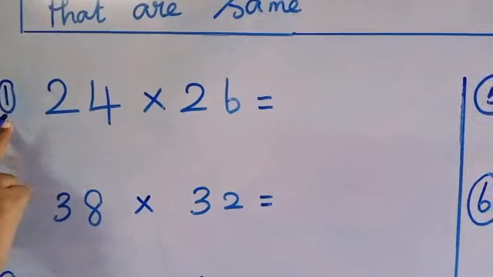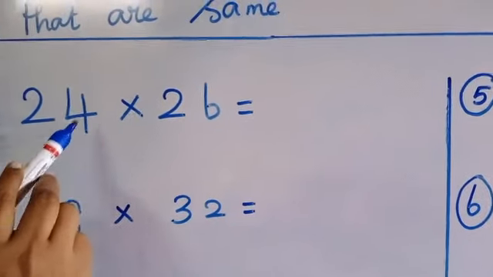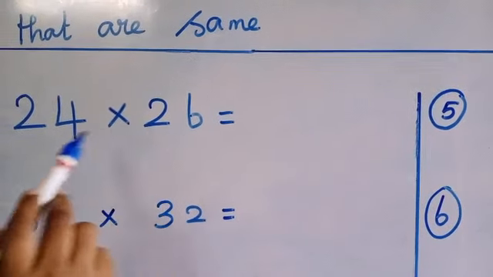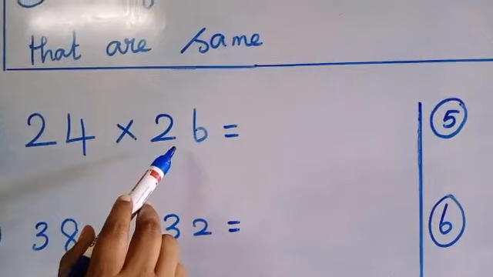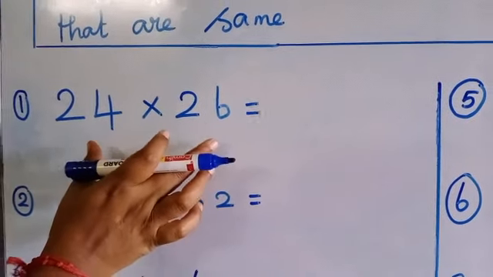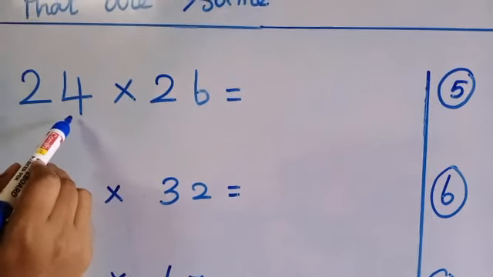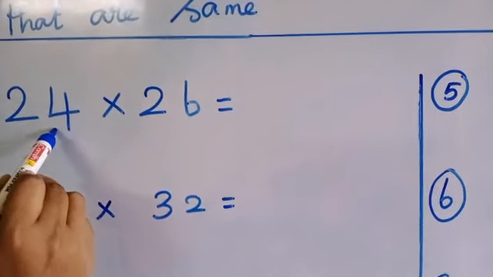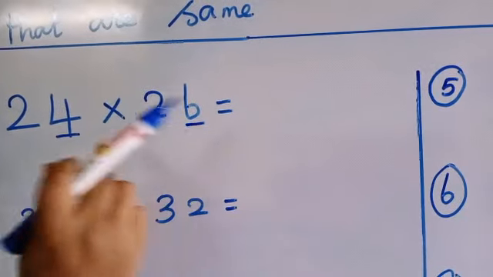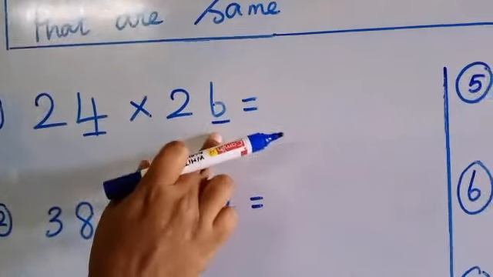First one: 24 into 26. Here we follow two rules. First step, the last digits: here 4, here 6.